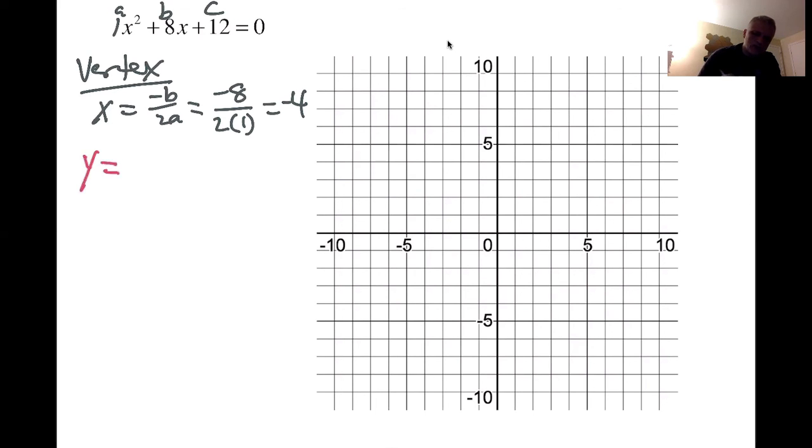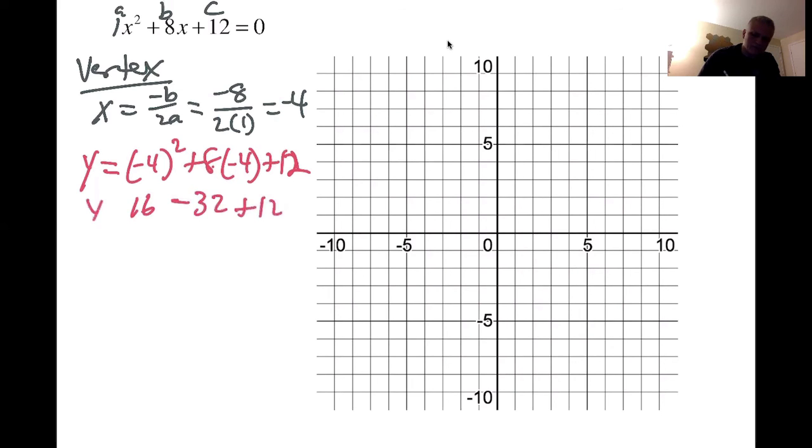Now for my y-coordinate. My y-coordinate is going to be x squared plus 8x plus 12. Now remember, we already know what x is for the vertex, so I'm going to put negative 4 where the x was. Let's do some PEMDAS. Negative 4 squared is 16. Positive 8 times negative 4 is minus 32 plus 12.